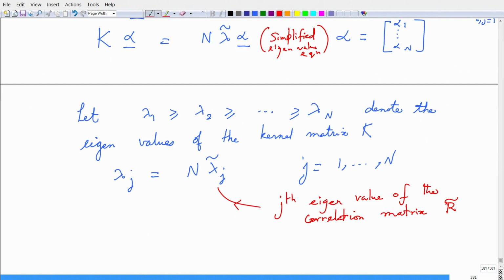Then setting up like this, I can write the simplified eigenvalue equation K alpha equals N lambda tilde times alpha as K alpha equals lambda alpha, where lambda is the eigenvalue which is given by N times lambda tilde, right.